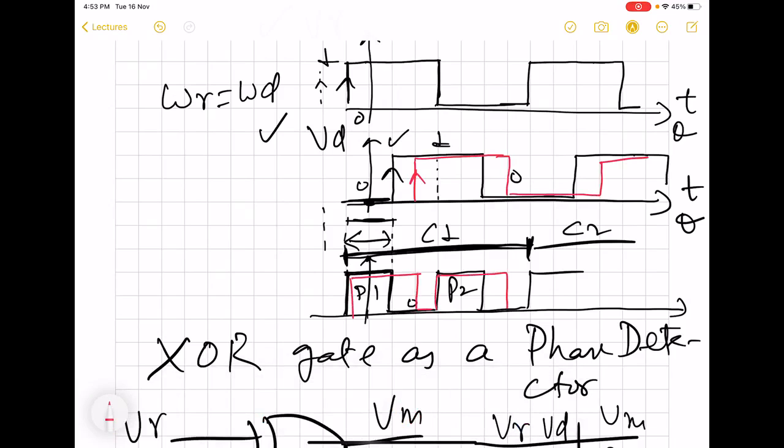So we see that as the gap between the two edges increases, that means the phase error increases, the width of these two pulses increases over one cycle. So this is one cycle.